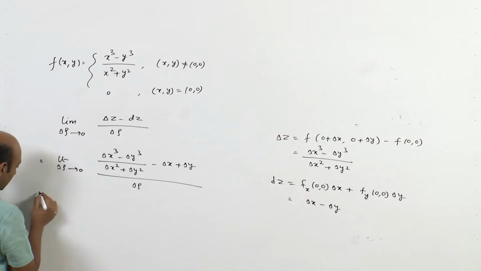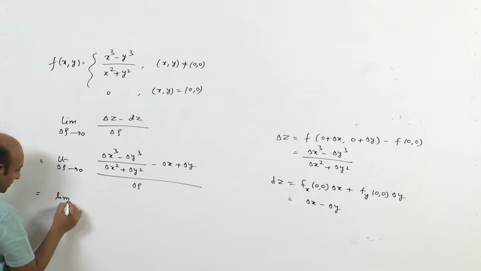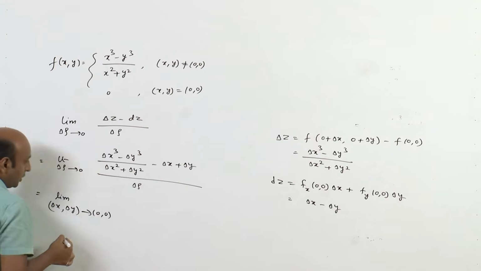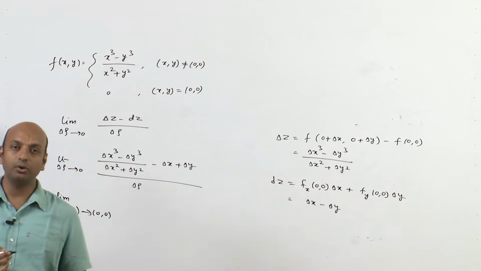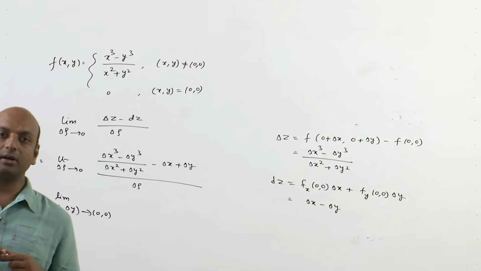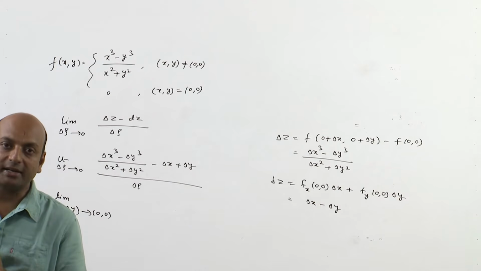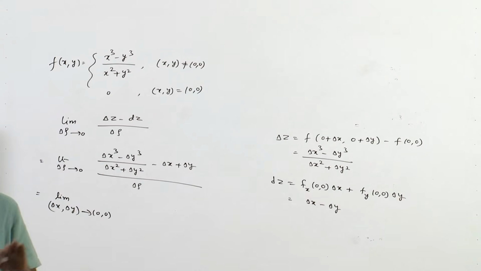Now, we can convert this limit as limit (delta x, delta y) tending to (0, 0), because when delta rho tends to 0, and delta rho is under root delta x square plus delta y square, then (delta x, delta y) will definitely tend to (0, 0).